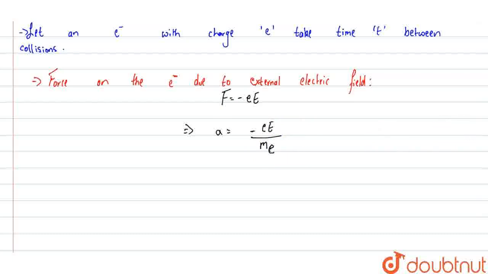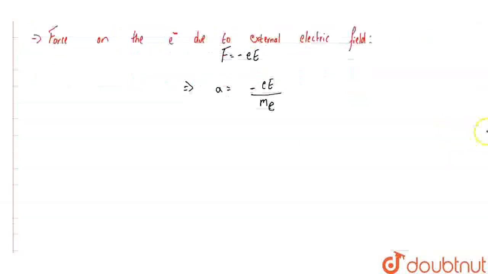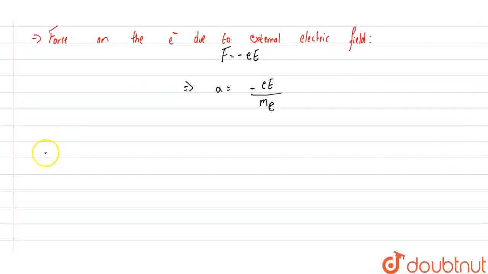Now if we assume the initial velocities of each electron to be 0, that is, all electrons are at rest initially, then we get the drift velocity using the formula v equals u plus a t. Here u is 0, t is our relaxation time, and v is the drift velocity.